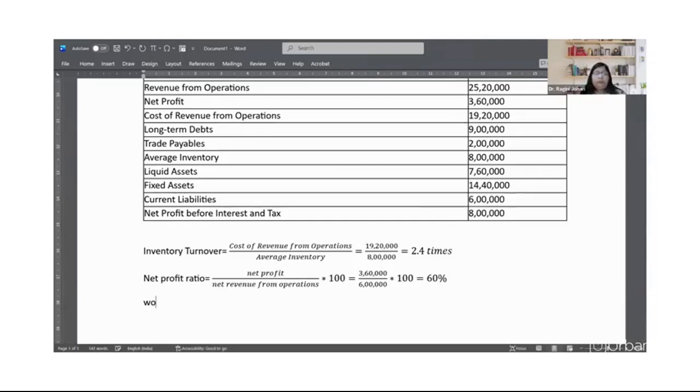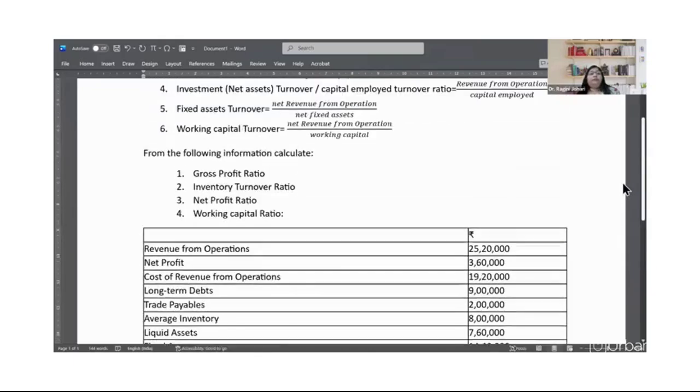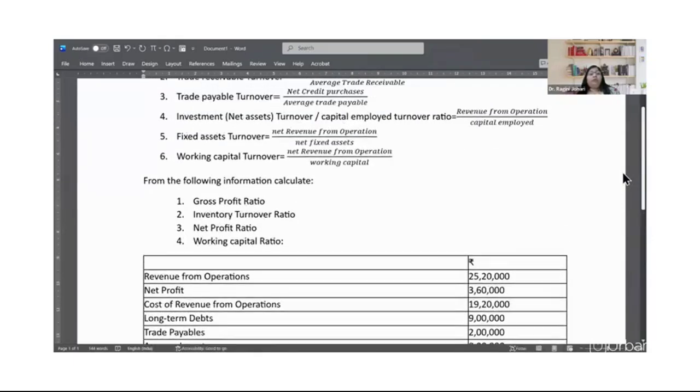So let's find out the working capital ratio. Okay. The formula for the working capital turnover ratio, rather, is net revenue from operations upon working capital.